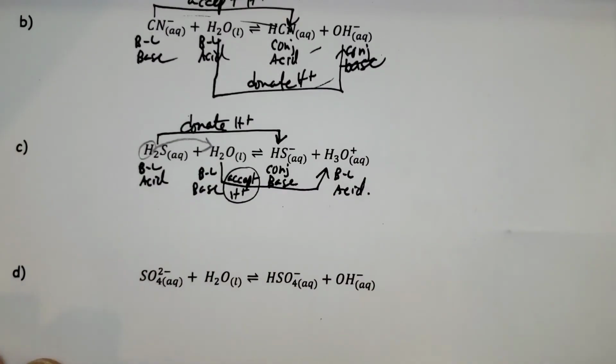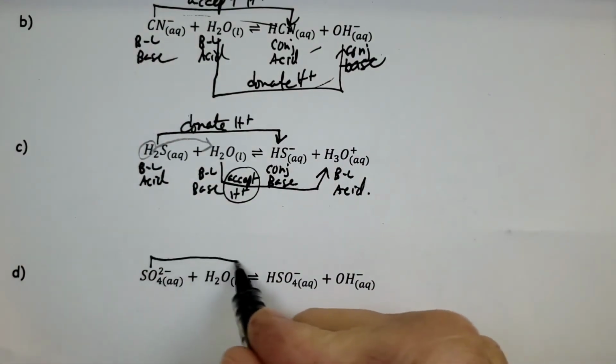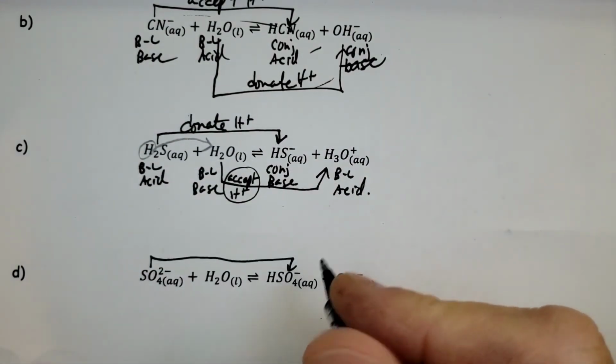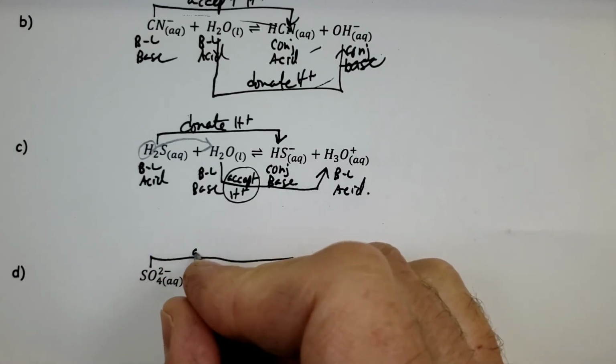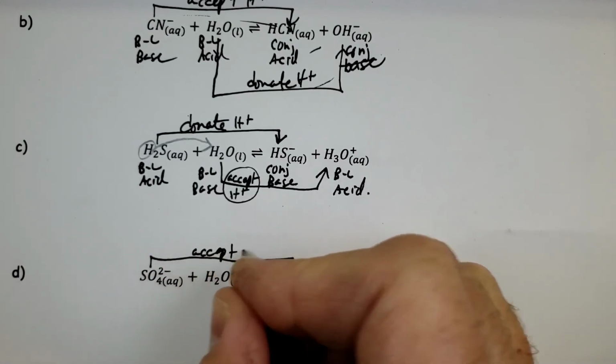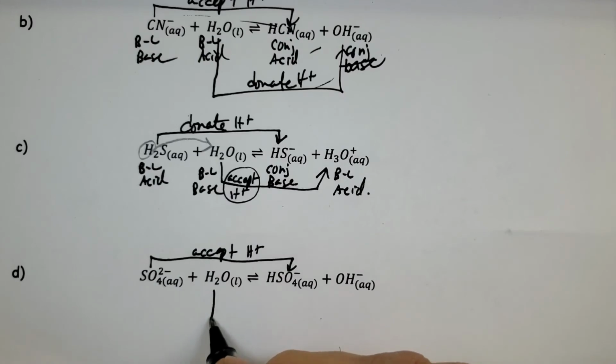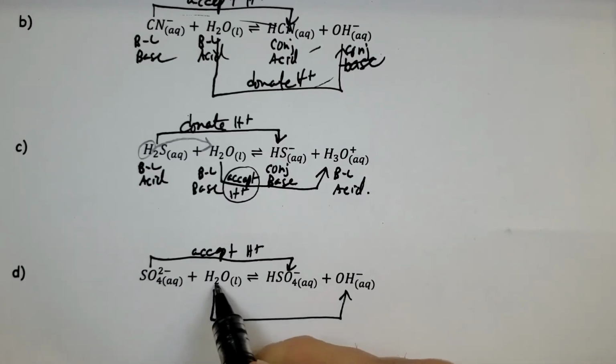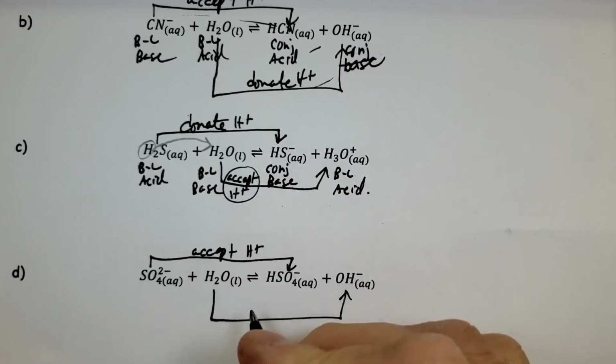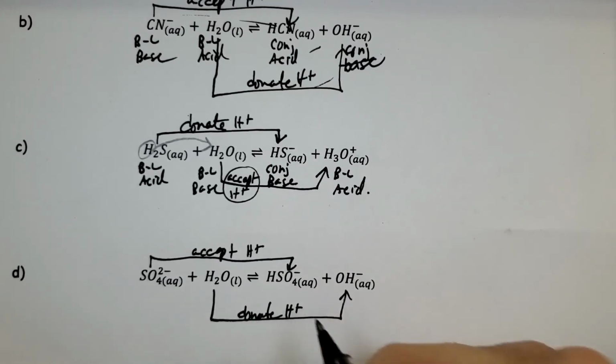There we go. Last one here, SO4 2 negative to become HSO4 negative. You can see we accepted an H plus, whereas here, to go from H2O to become OH, we lost an H, or donated an H plus.